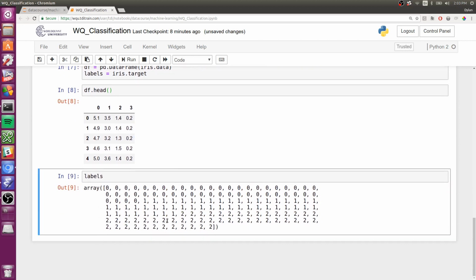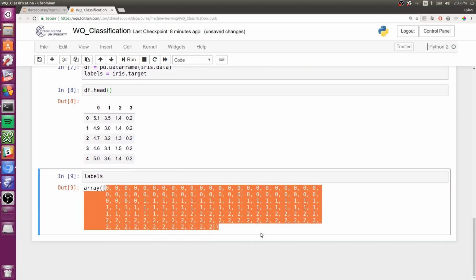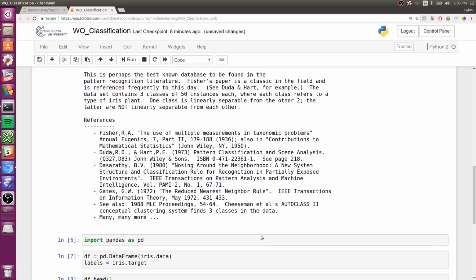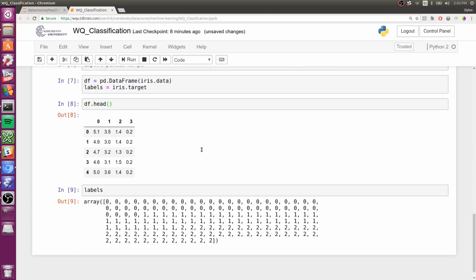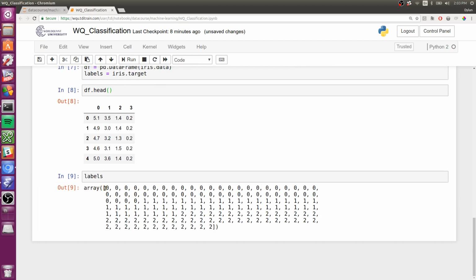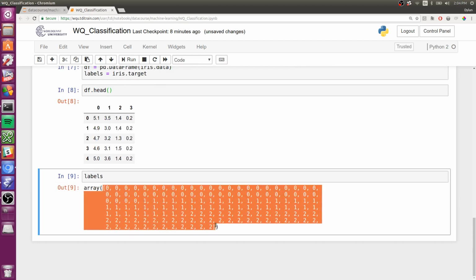And then for labels, we have these numbers, and these correspond with the different species of iris. And again, they correspond with particular species, Setosa, versicolor, virginica. But I don't particularly care about any of that. Again, those names don't have any meaning to me.